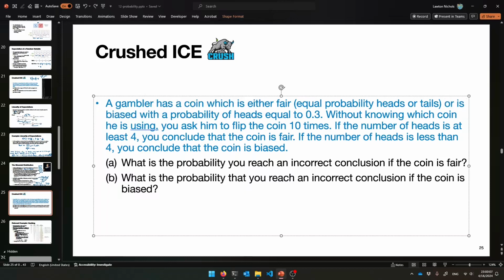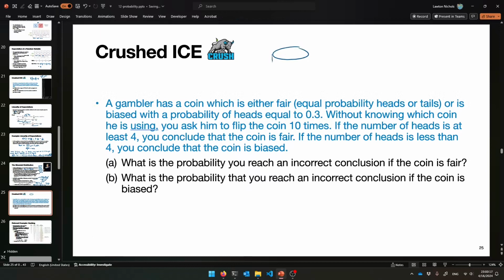It's biased with a probability of heads equal to only 0.3, which means tails would be 0.7. Either they're flipping their fair coin right now, with probability of heads 0.5, or they're flipping their biased coin, where the probability of heads is only 0.3.